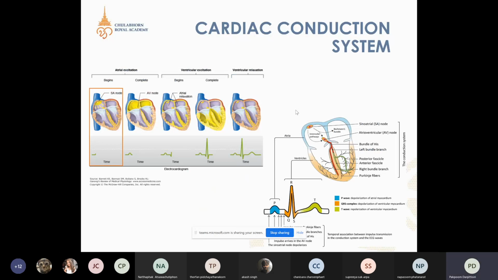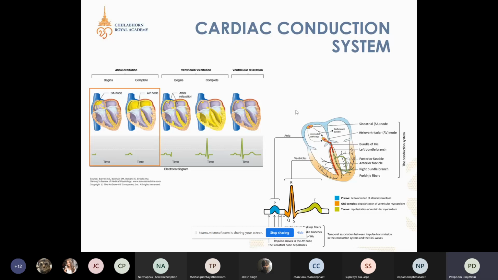After the impulse spreads throughout the right atrium and left atrium through the internodal pathways and Bachmann's bundle into the left atrium, it causes atrial depolarization, right? So it will cause the P wave on the ECG.